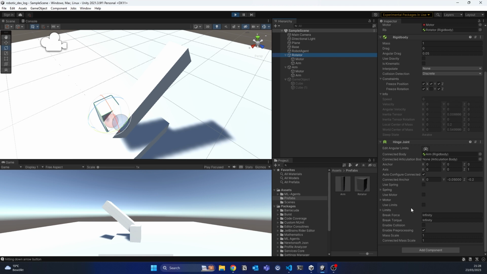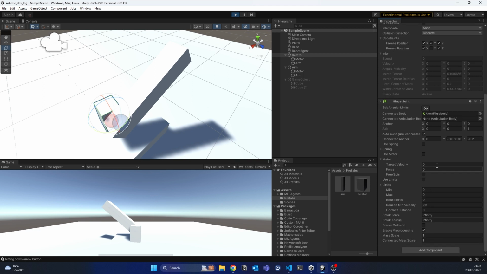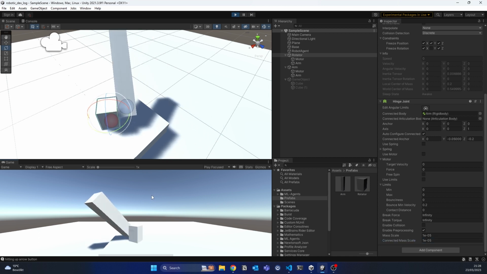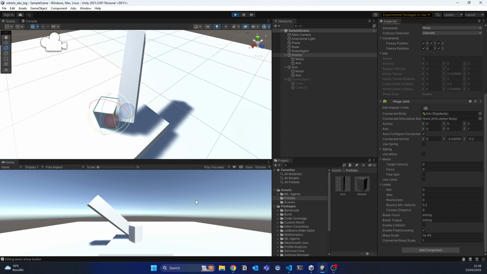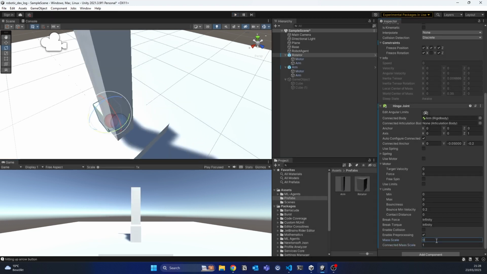Connected anchor, limits, springs, motors, target velocity. Force, limits, max. Doesn't change anything. Bouncy, contact distance, brake force, brake, enable preprocessing, mass scale. Okay, that's it. Connected mass scale. Alright, here we go. So, mass scale needs to go to 0.